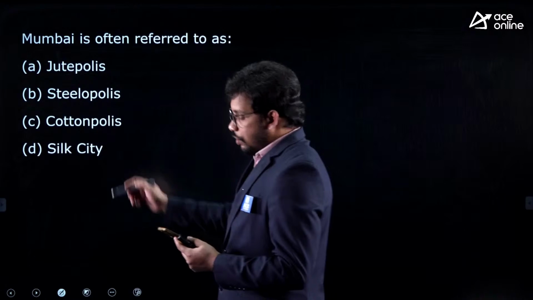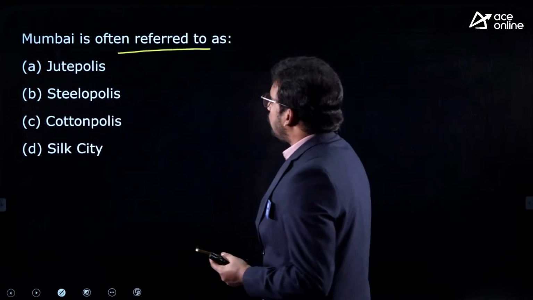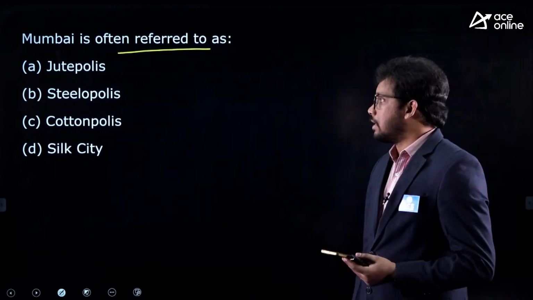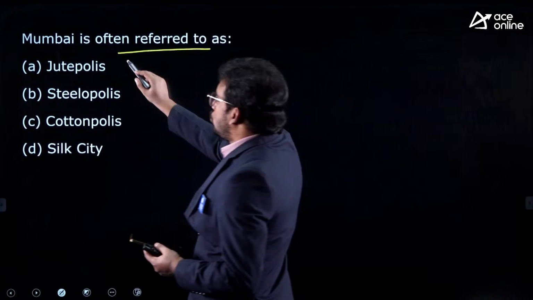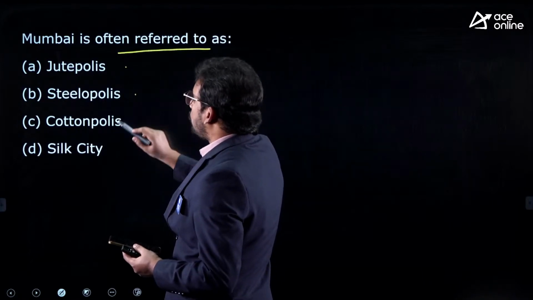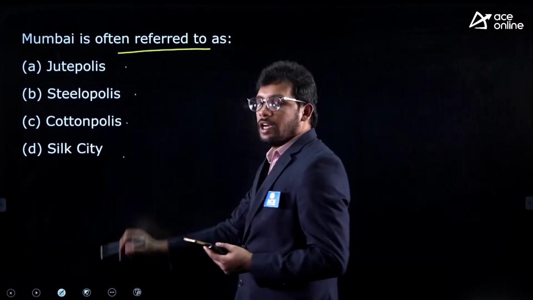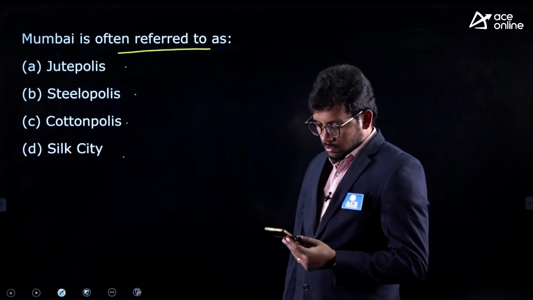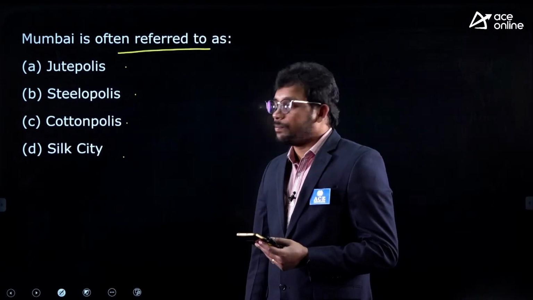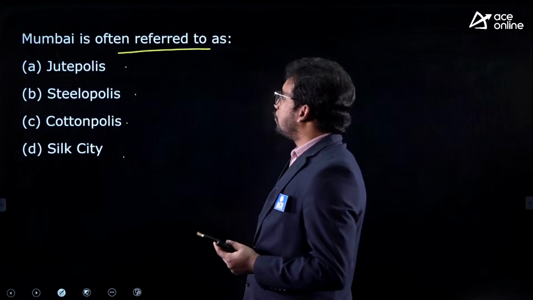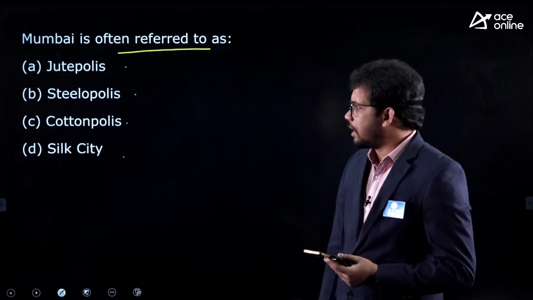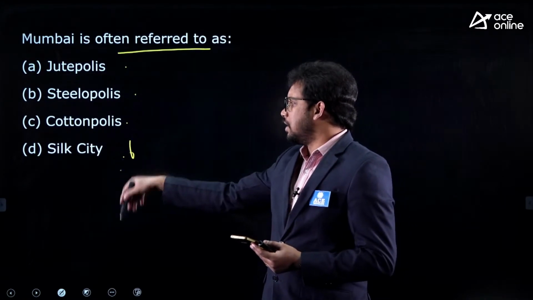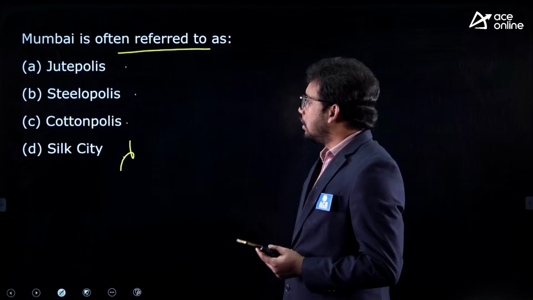Next one, again from NCERT: Mumbai is often referred to as Jutepolis, Steelopolis, Cottonopolis, Silk City. So tell me, this is also directly taken from NCERT. It is not Silk City, right?